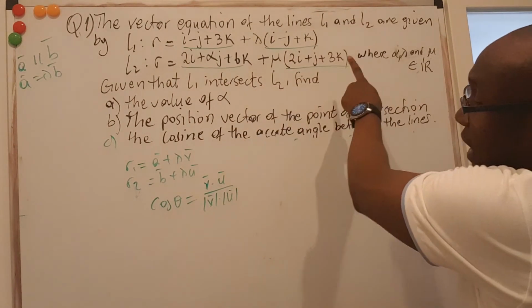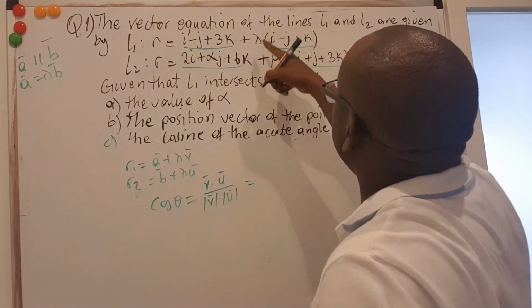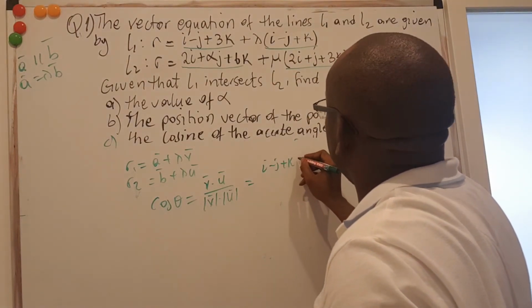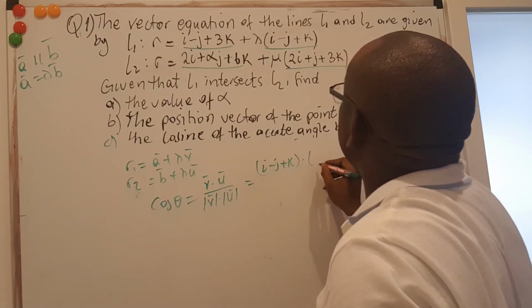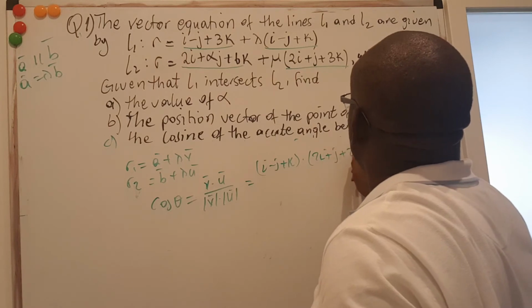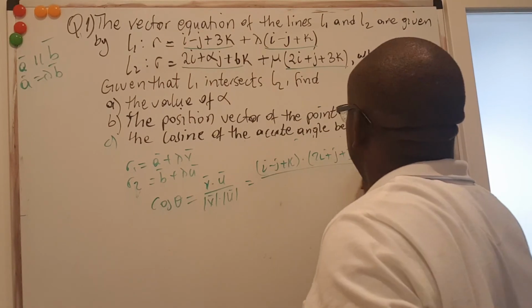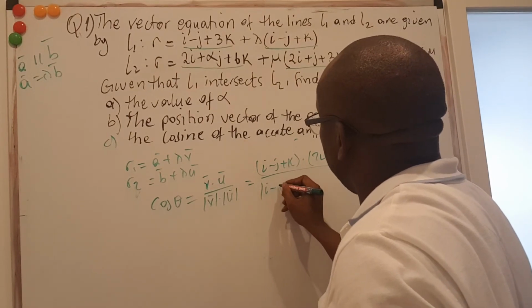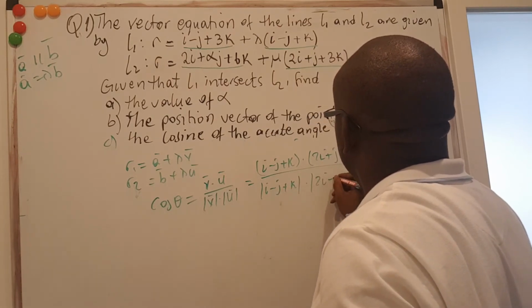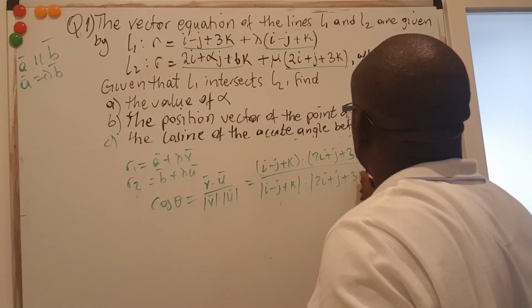So in our case here, take the first vector, which is i minus j plus k, dot product with 2i plus j plus 3k, divided by the magnitude of the first vector times the magnitude of 2i plus j plus 3k.